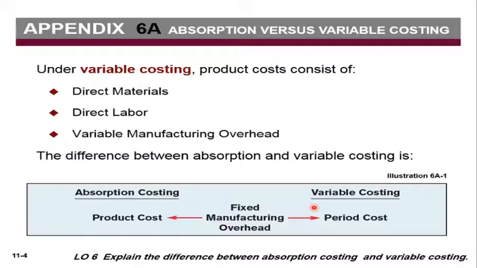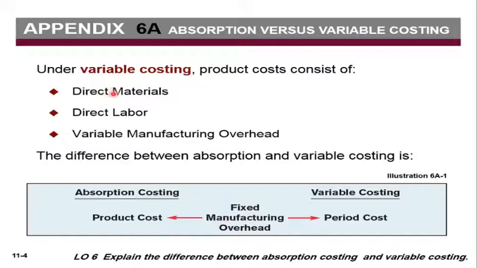There is a difference in net income between the absorption costing system and the variable costing system, because this difference is related to how we measure inventory cost and which costs are considered inventoriable.